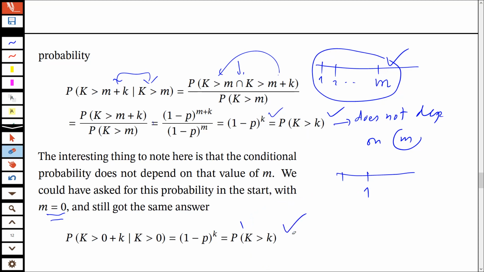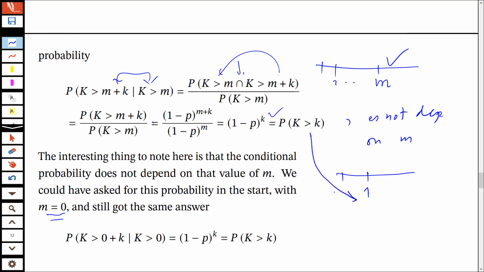So this can now be seen in two ways. This probability, because numerically it's the same, let me give two meanings to this. When we looked at this from that angle, it gave me the probability of no success in the next k trials. Next k trials means further k trials, having observed no success till m.